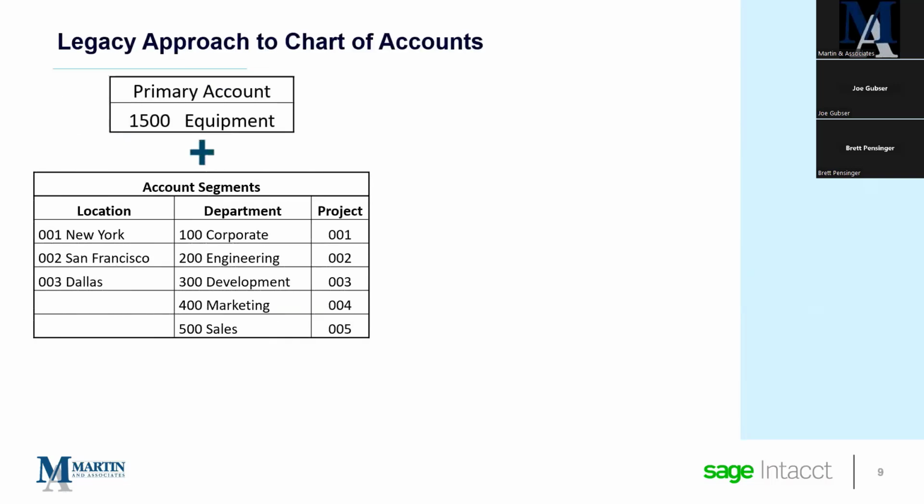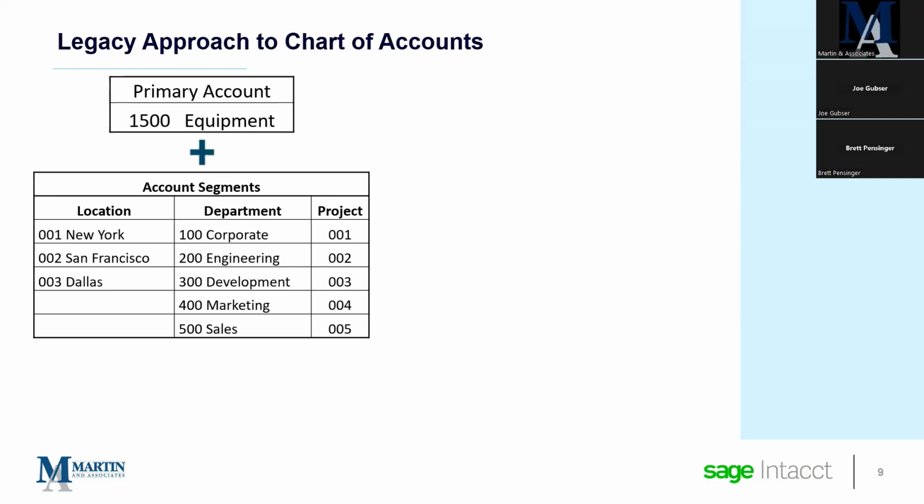So let's talk about the legacy account that I was mentioning earlier. Here's an example. We have an account 1500 for equipment. Our account structure is 4 for the main account, -3 location, -3 department, -3 project. And you see the locations, departments, and projects we have there.